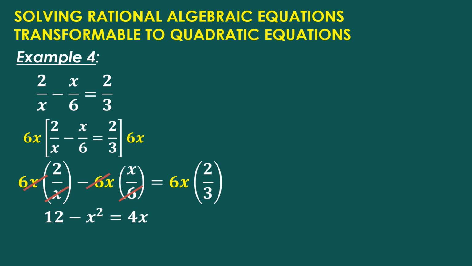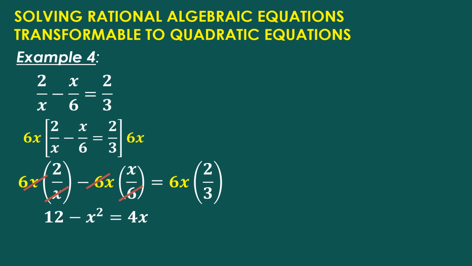But how did we get that? So notice that in multiplying 6x by 2 over x, x will be cancelled. That means 6 times 2 is 12. Next, 6 and 6 will be cancelled. That means x times x will give you negative x squared.